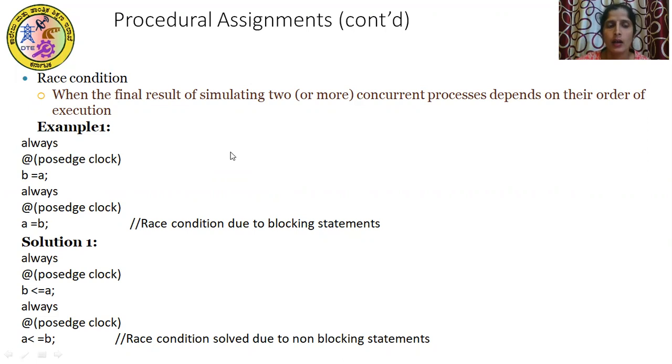Here we have an example where we'll clearly understand the race condition which can arise while using blocking assignment statements.